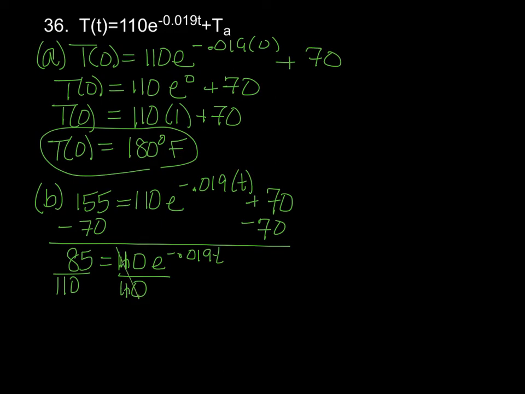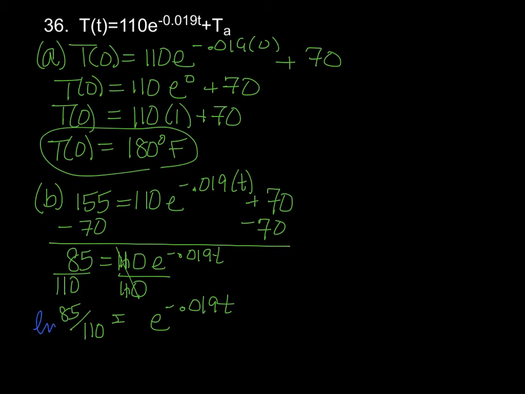Okay, now you can do the decimal equivalent of 85 over 110, but I'm just going to leave that as 85 over 110 is equal to e to the negative 0.019 t. Now if you remember, whenever we have an e and we are trying to drop its exponent down, we ln both sides.